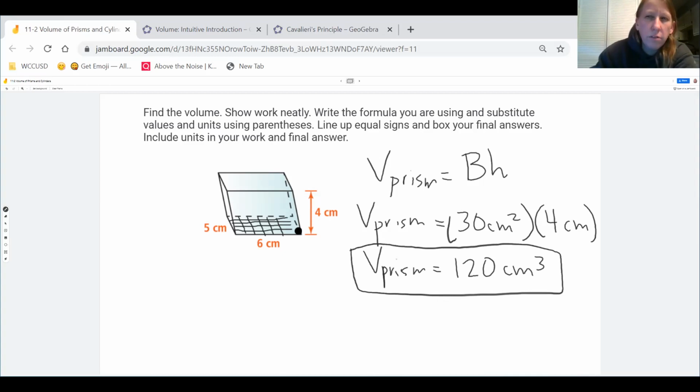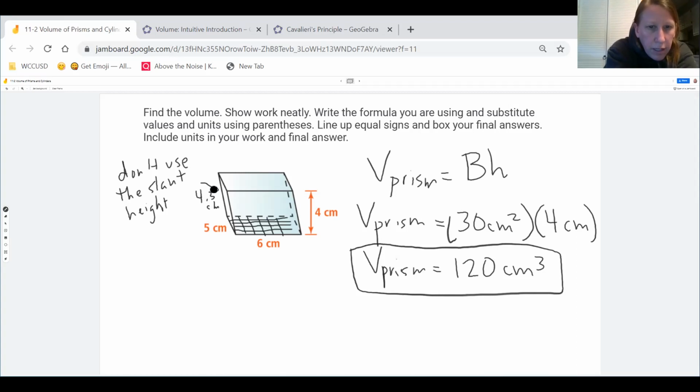Now, the only thing you have to be careful about with these is not to use this. If they give it to you, they're trying to trick you. Don't use the slant height. Every once in a while, they'll put a number here, like maybe it's longer than 4 because it's slanted, maybe 4.3.